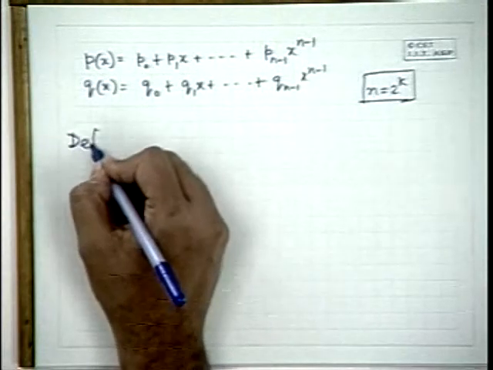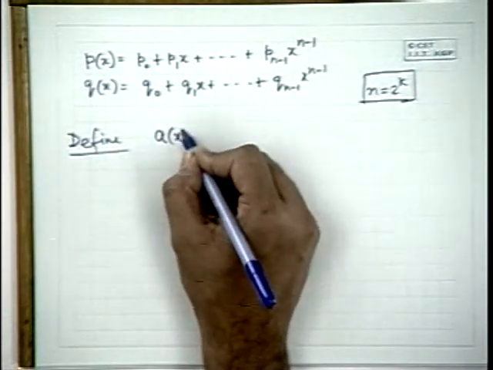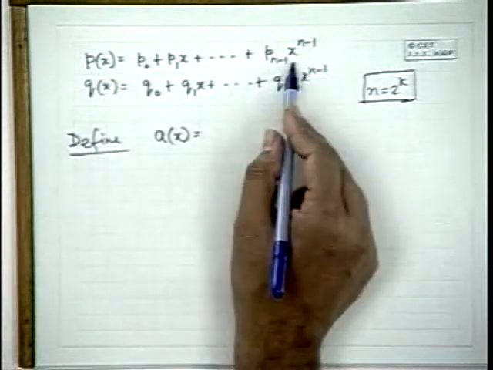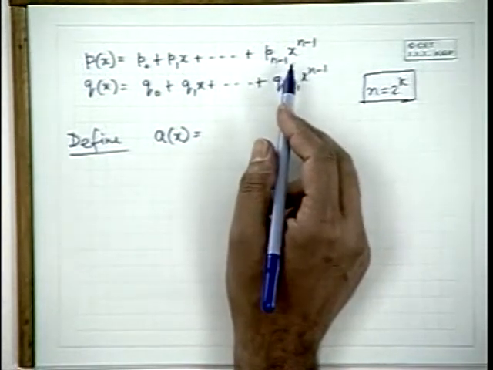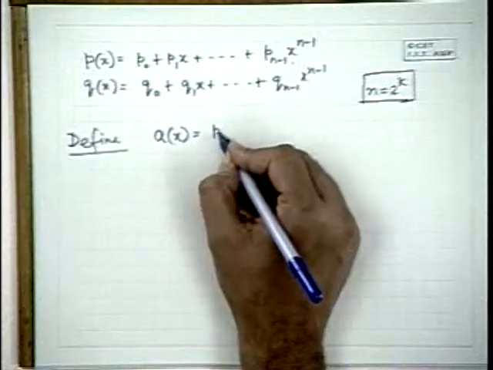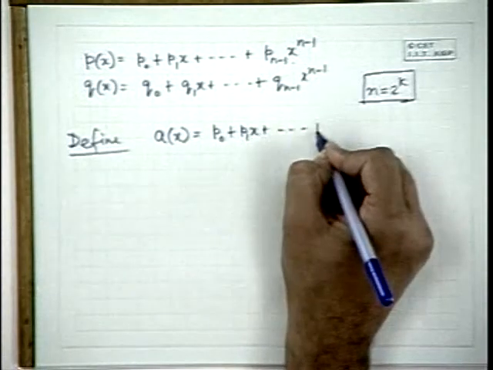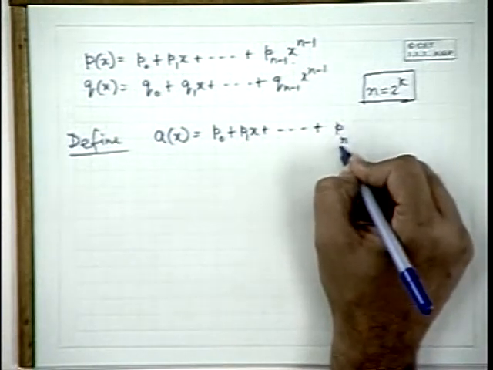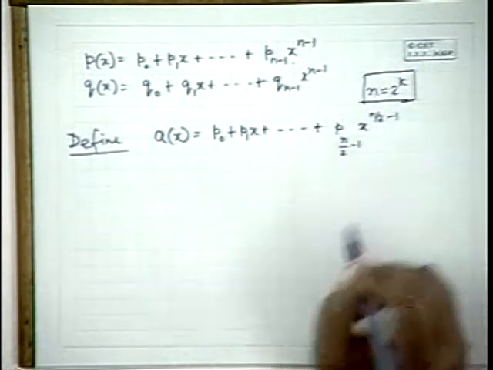Now define next this. I am defining something. Ax, so we will be splitting this polynomial into 2 parts, because that is the first thing. Divide and conquer strategy requires you to split the problem into 2 equal parts. That is what we will be doing. First we will split this polynomial into 2 parts. Ax is equal to p0 plus p1x up to p n over 2 minus 1 x to the n over 2 minus 1.